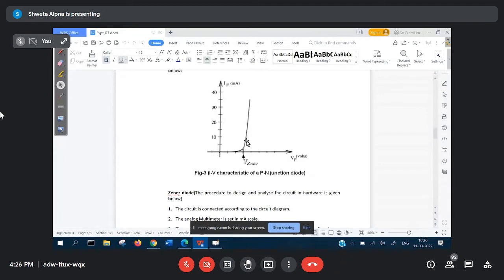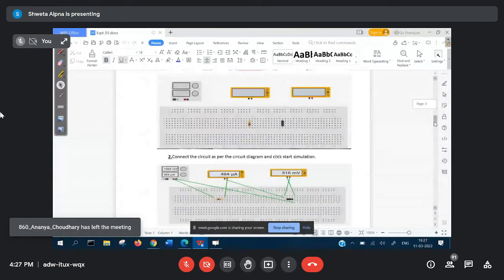So here you will find that the graph has become linear. The diode behaves linearly beyond knee voltage, and it is non-linear between 0 and knee voltage. So these are the observations you have to make for this VI characteristic of the diode.